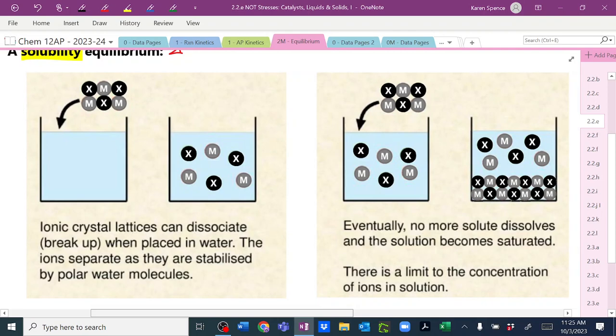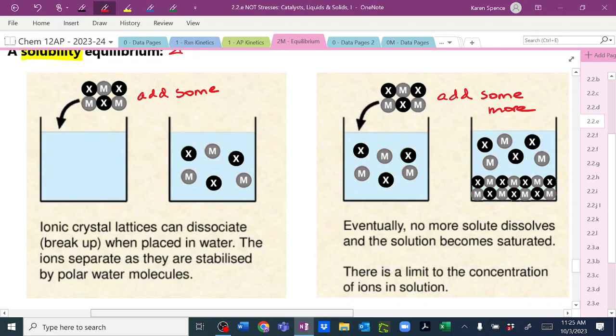Now we're going to add some more, and some more, and eventually you can add more and more and more, and you stir it, and eventually there's going to be a pile of solid at the bottom. Does that make sense?